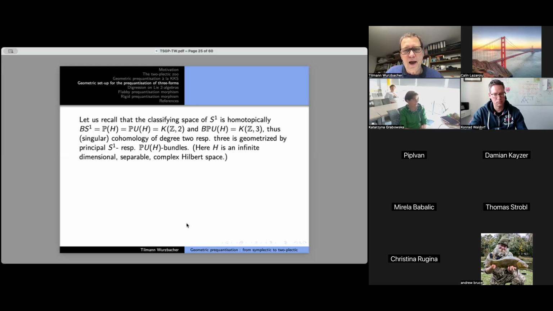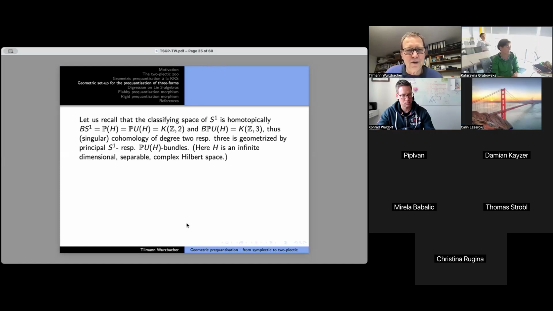And if you go one level up, if you take the classifier now of the classifier, so Urs Schreiber loves to take B2. I'm not so good in homotopy theory and category, so I don't write B2. I write B of PUH. This shifts my Eilenberg-MacLane, and we go to KZ3. Of course, you can write down models, but I'm not interested in models here.